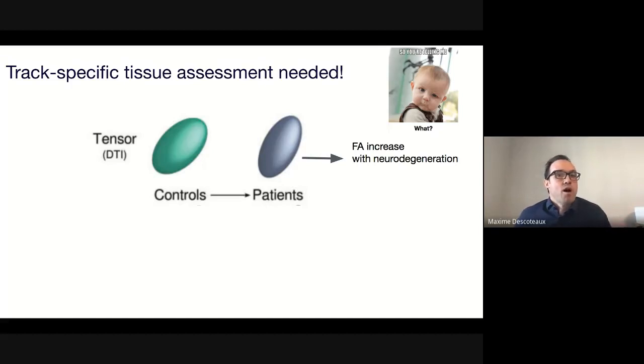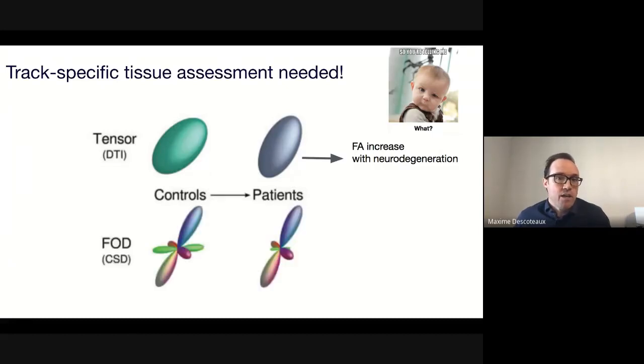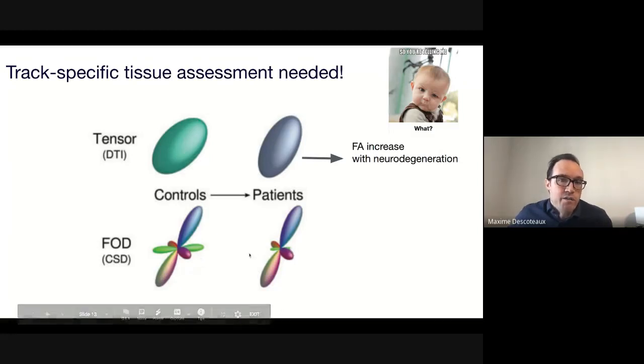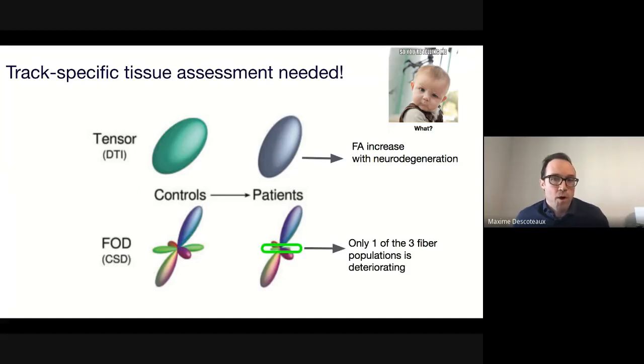What's happening? Why is my FA increasing? Well, this is just another illustration that maybe what's happening is that underneath, you're in a complex three-way fiber crossing, and it's only the green fiber population that's actually degenerating. And so only one of the three fiber populations is going wrong.